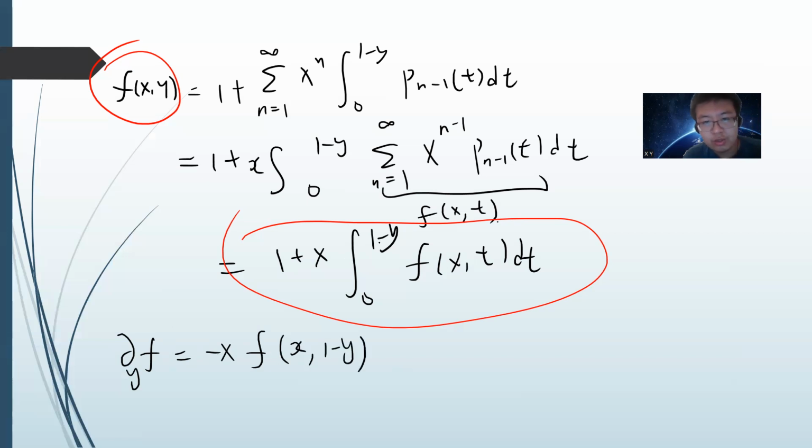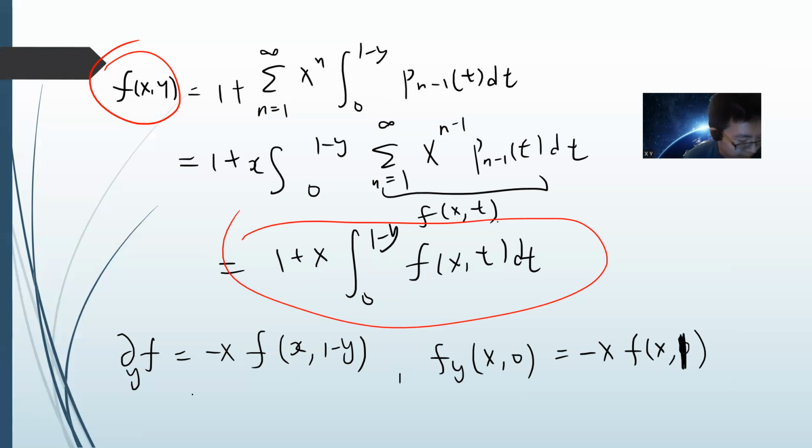Since there is the Leibniz differentiation rule, you need to take the minus y here. And if you plug in x and 0, you get minus x f(x,0). Oh, sorry, it's 1.